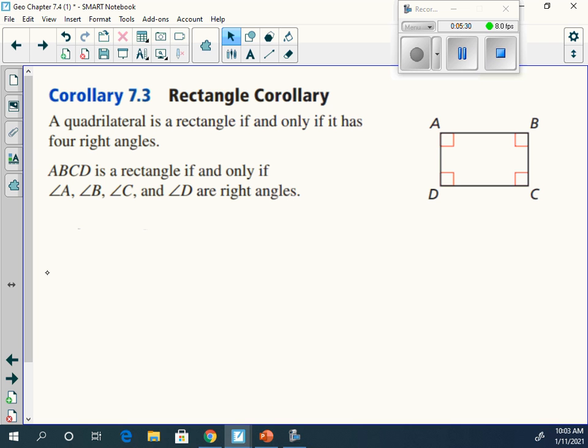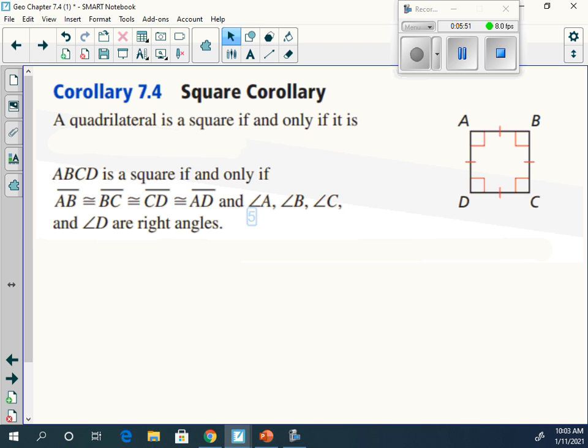So if it has four right angles, or all four angles are congruent, then it is a rectangle, because either one of those terminologies is going to be interchangeable. Any questions on any of this so far? A quadrilateral is a square if and only if it is a rhombus and a rectangle.